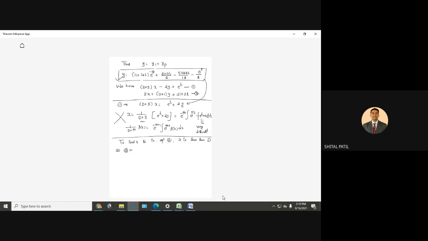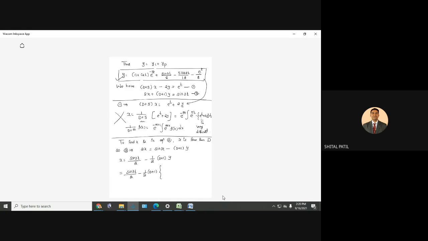So equation number 2 implies 2x equal to sine 3t minus (D plus 1)y, or x equal to sine 3t, dividing by 2, minus 1/2 (D plus 1)y. That is sine 3t divided by 2 minus 1/2 (D plus 1) of y.